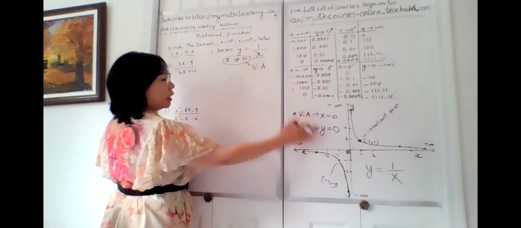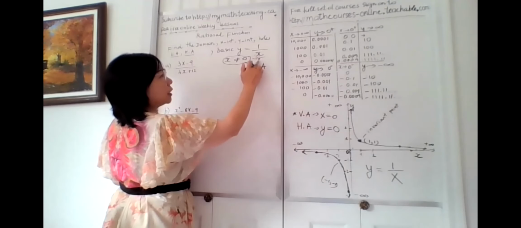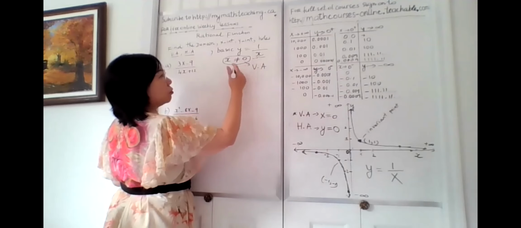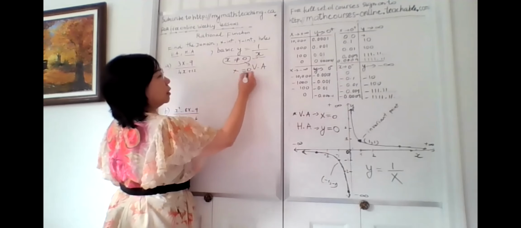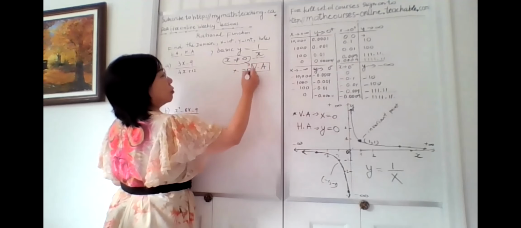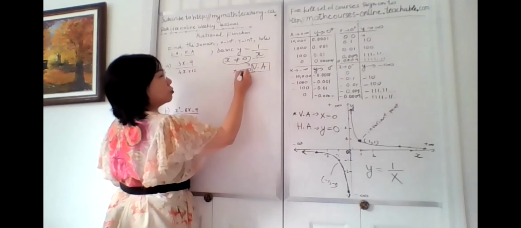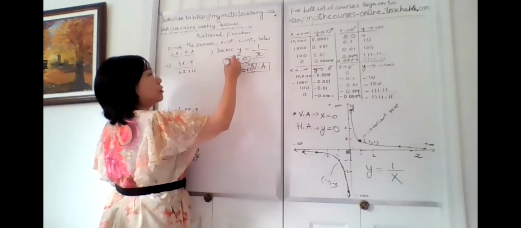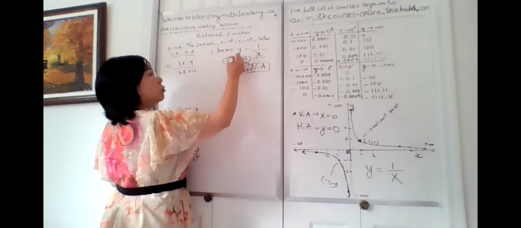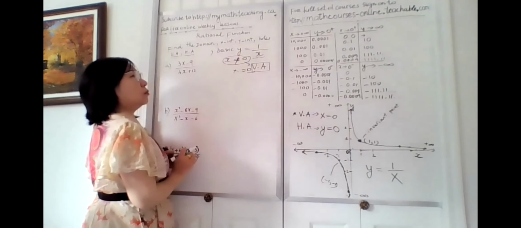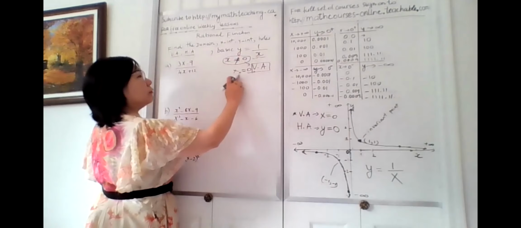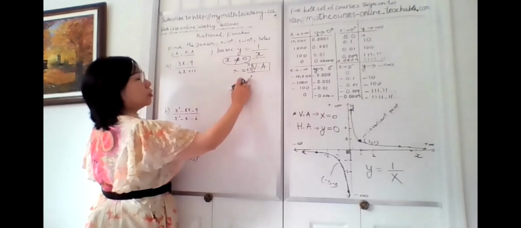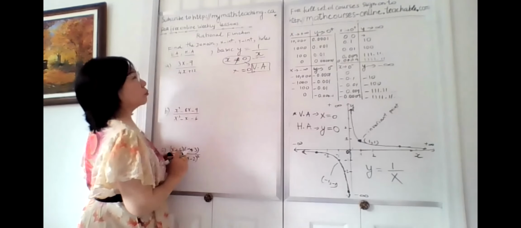In our basic one, if x equals 0, then this is our vertical asymptote. Therefore, the restriction says x has to be different from 0, but the value x equals 0 is a vertical asymptote.